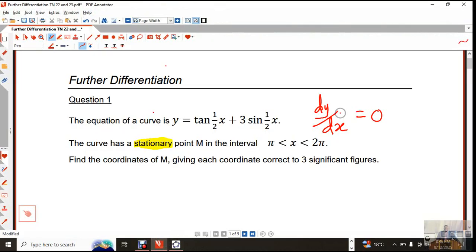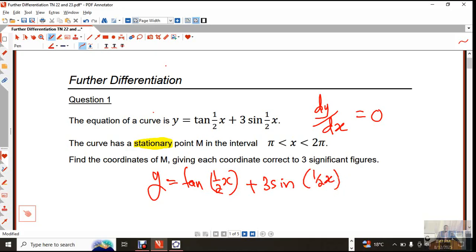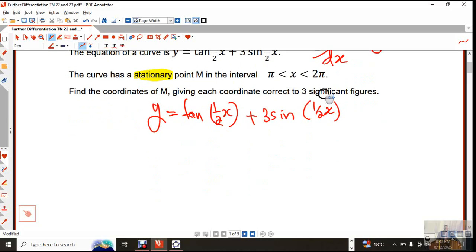Good. So first let me write down the equation. So that is y equals tan of a half of x plus 3 sine of a half of x. We can actually go ahead and differentiate.